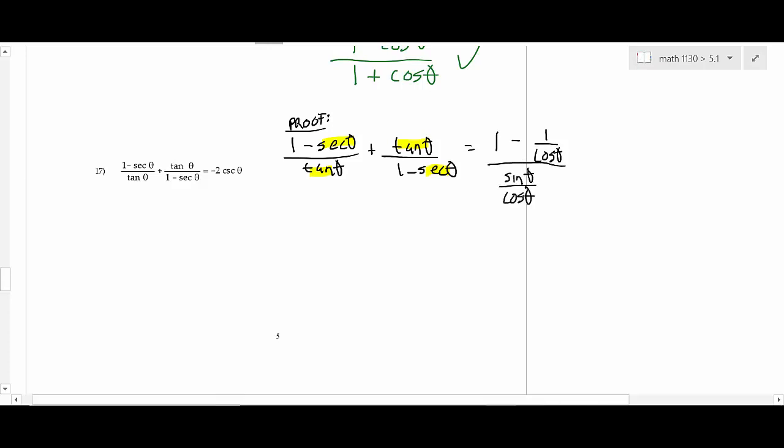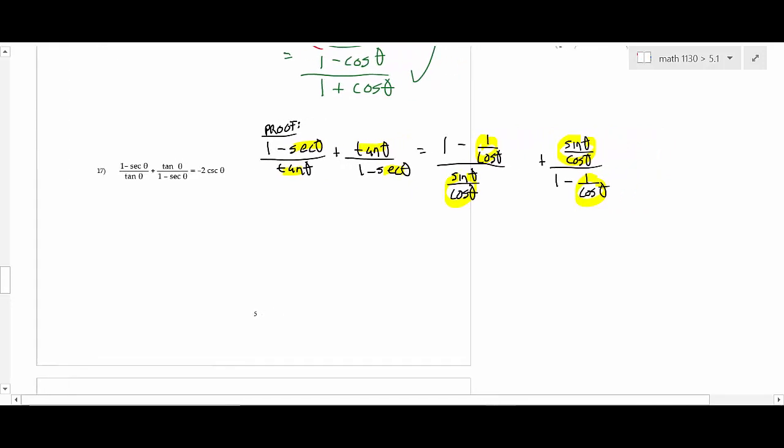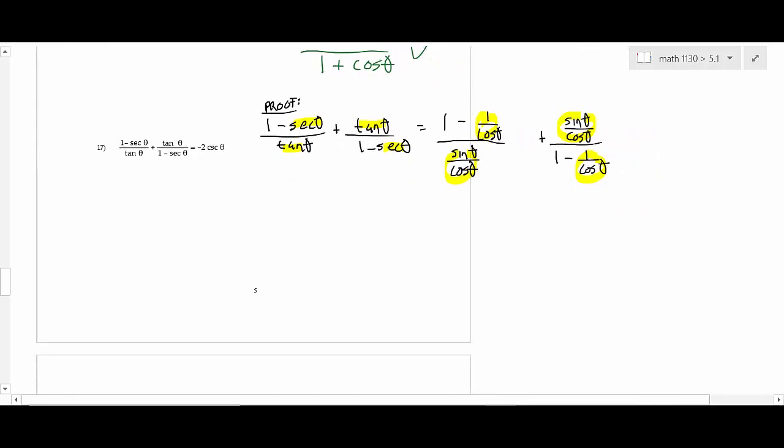Then on the other side, we're going to change the tangent to sine theta over cosine theta, and then all over 1 minus 1 over cosine theta. So what I did is I changed those pieces using the fundamental identities. This is one thought I have. I can think of a couple of ways you can go about doing this problem.